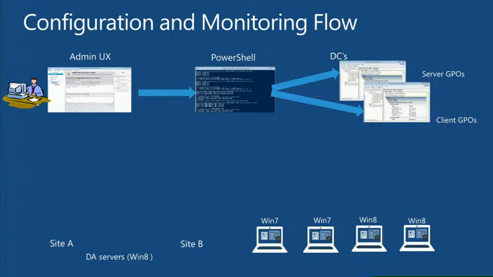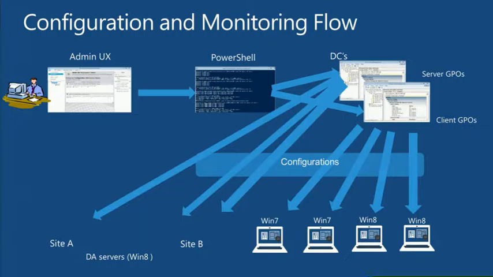The commandlets then go ahead and author policies in group policy objects on your DCs, and they're both server and client GPOs. The server GPOs apply to the appropriate entry point servers. The client GPOs apply to the appropriate clients, be it Win7 or Win8. And that's it, as far as the configuration goes.